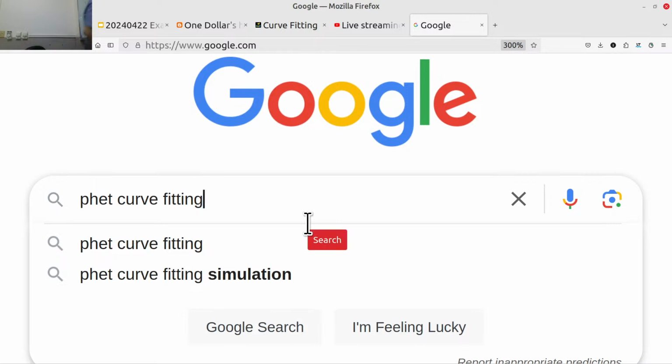Please search PHET curve fitting. Yeah, there are tons of volunteers, and I am one of the volunteer team. We did a translation. I think you can find the language from your country about those themes.